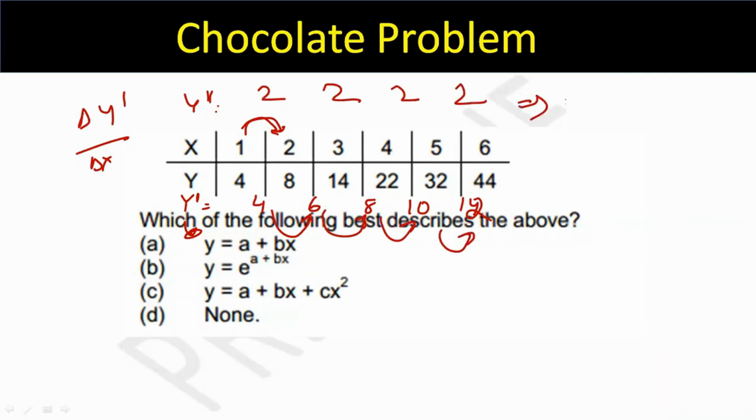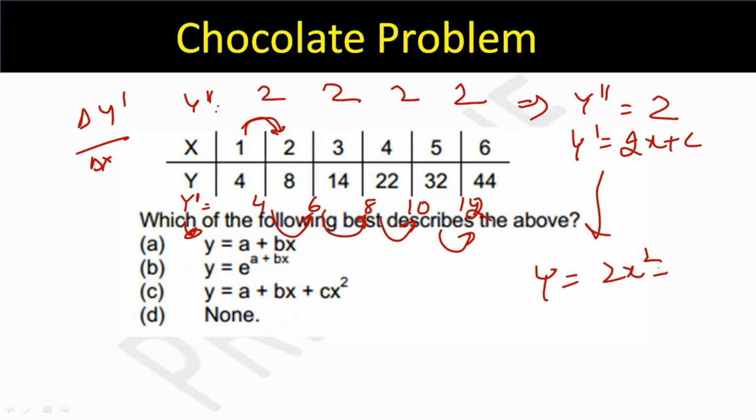So from here, you can see y double dash is equal to 2. It is some constant. If second derivative is 2, y dash is what? You just integrate this. This is nothing but 2x plus c. And y will be nothing but x square plus cx plus b. So it has to be some square polynomial, and hence answer has to be this.